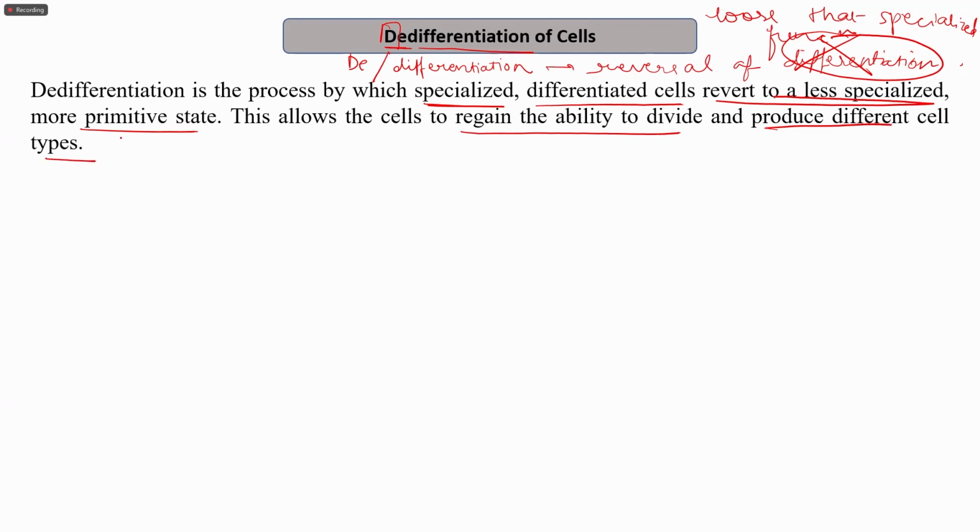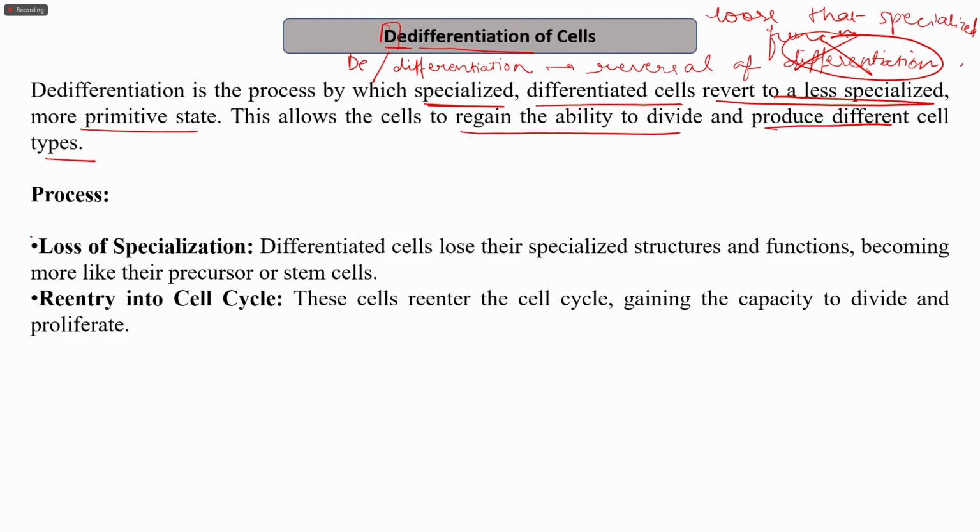So this is de-differentiation, a reversal of differentiation. In differentiation, the process was that they acquire specialized structures. In de-differentiation, the process involves the loss of specialization. Differentiated cells lose their specialized structures and functions, become more like their precursor or stem cells, where they undergo division.